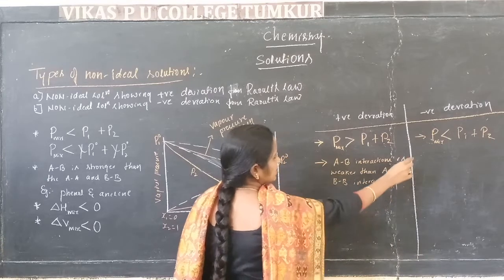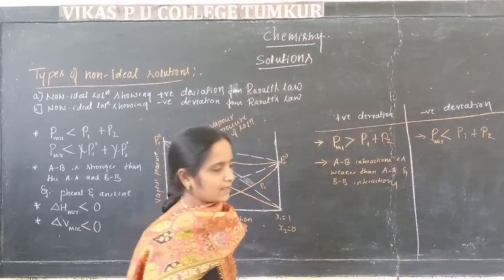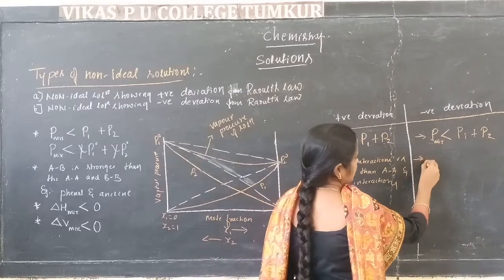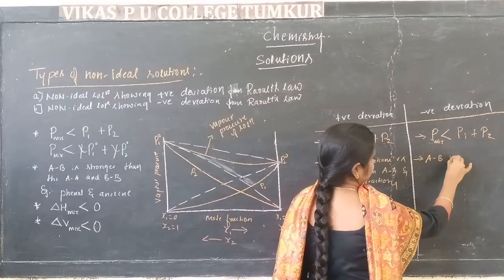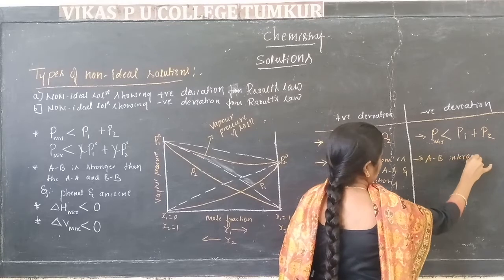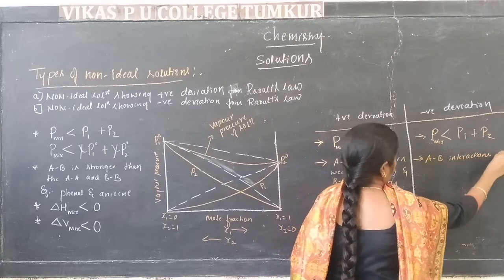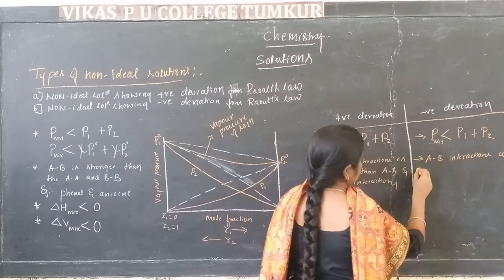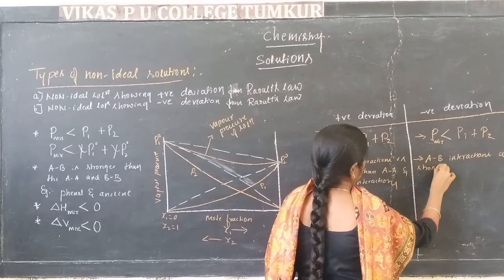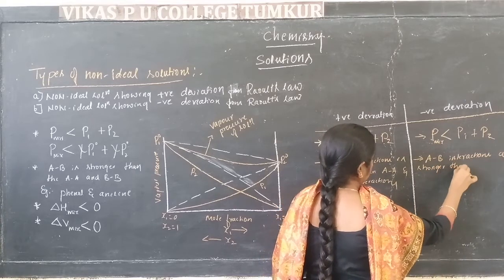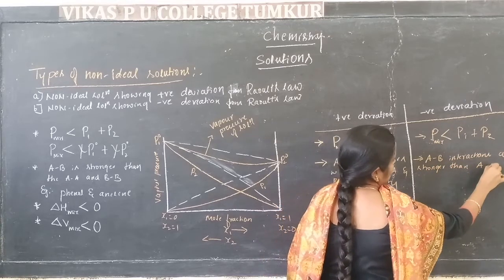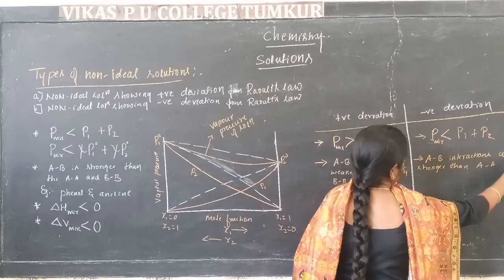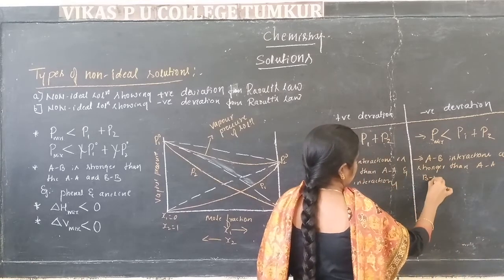In negative deviation, the A-B interactions are stronger than the A-A and B-B interactions.